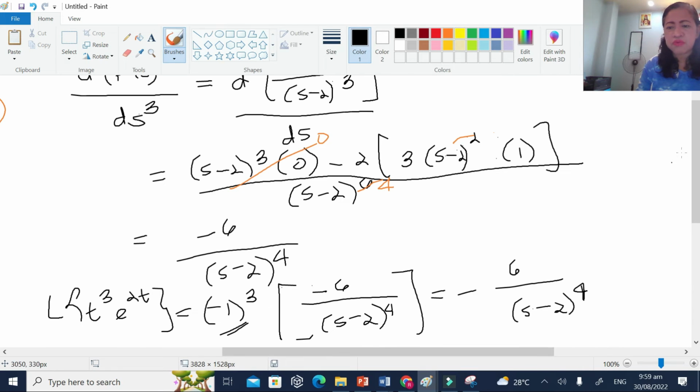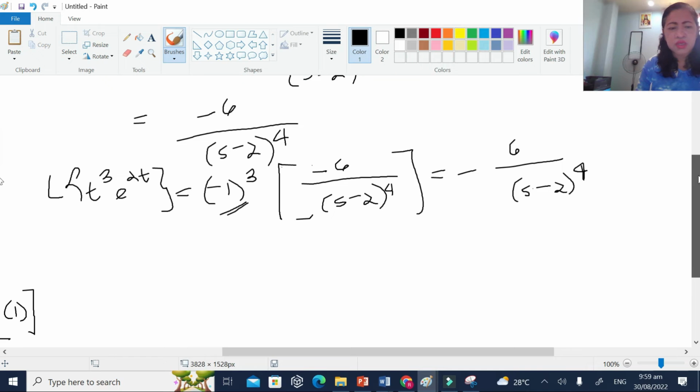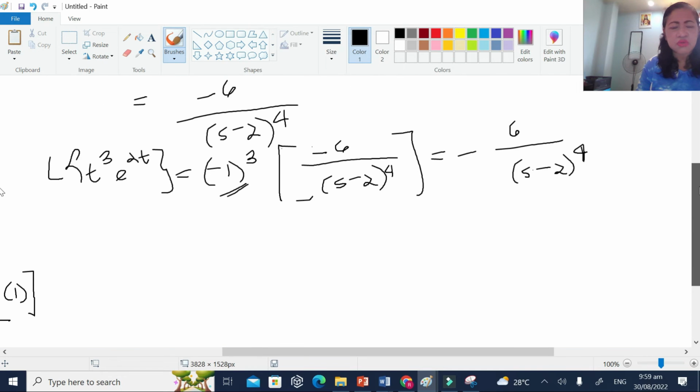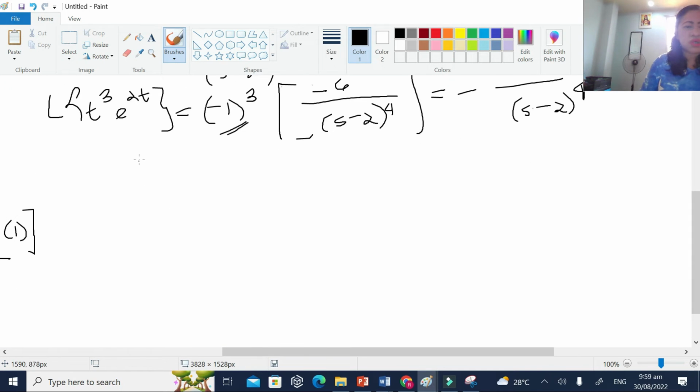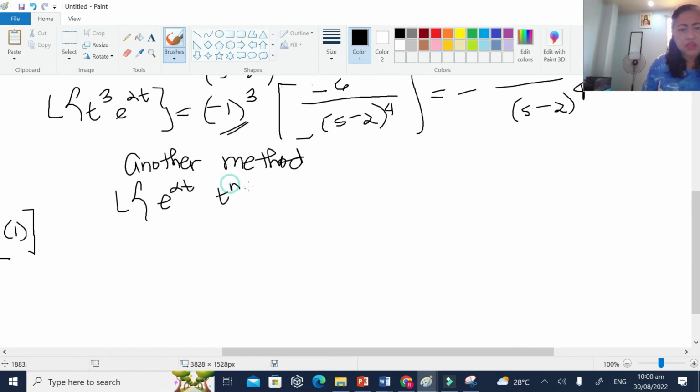So that is the Laplace transform. But you can do this now by another method. You take the e to the 2t and t to the n, t to the 3.